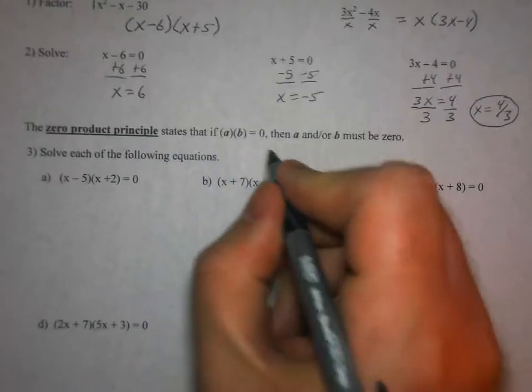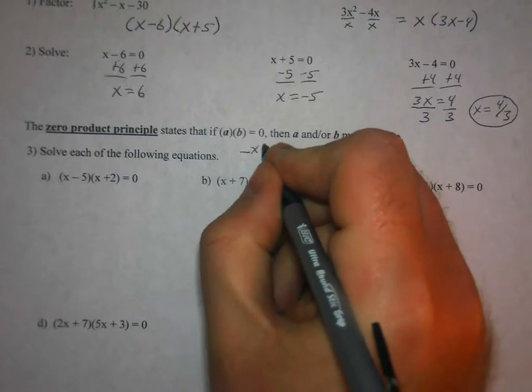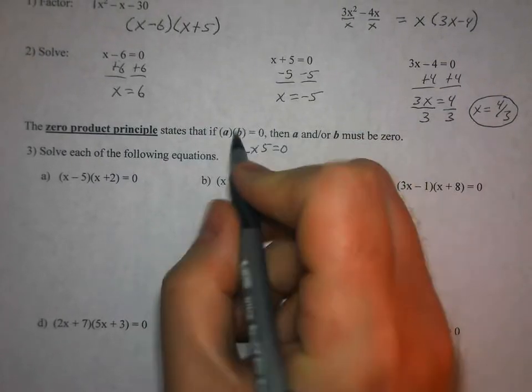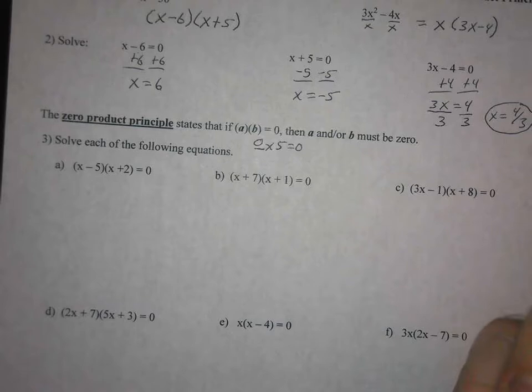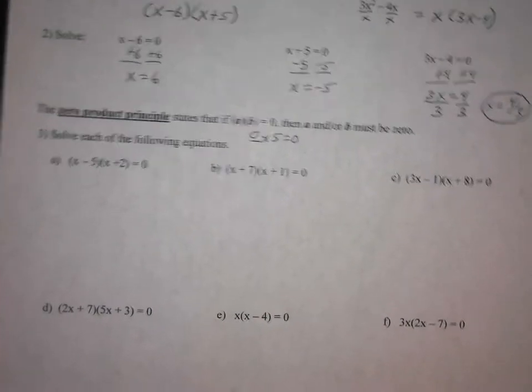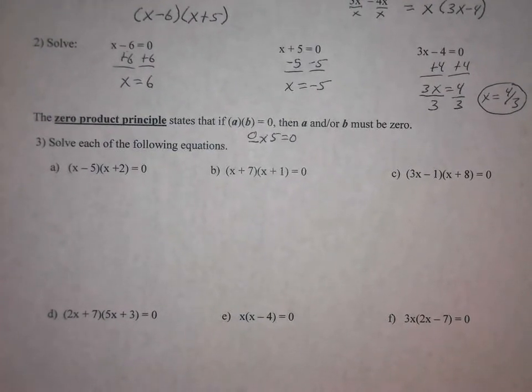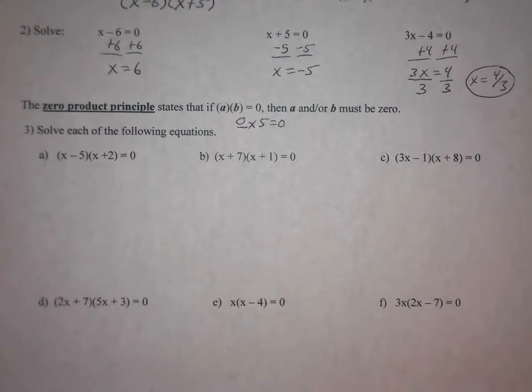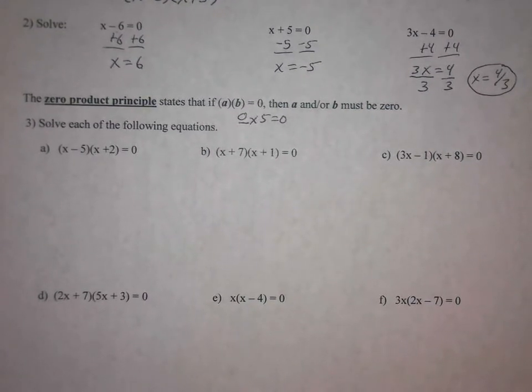So for example, if I told you something times 5 equals 0, wouldn't you know that that first number had to be 0? That's the basic idea of the zero product principle. Except now we're going to apply that principle to solving polynomials.